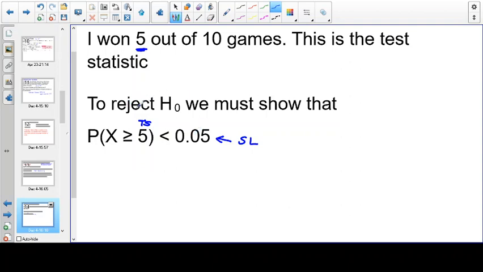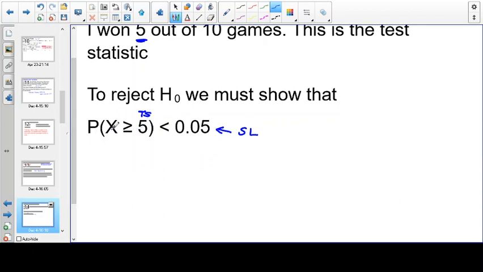Okay. In order to reject the null hypothesis, we need to show that the probability of this is less than 0.05. If this is less than 0.05, so if the chances of me winning 5 or more games is that small, but yet it still happened, then with 95% confidence, Miss Denny can conclude that I've cheated.